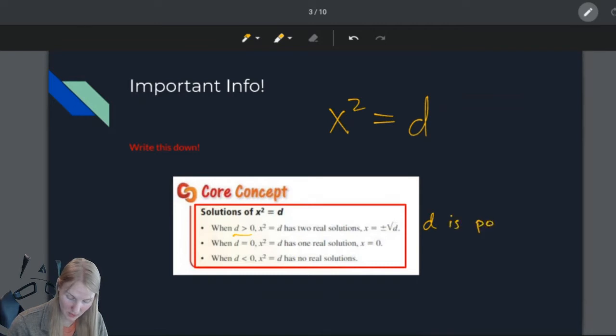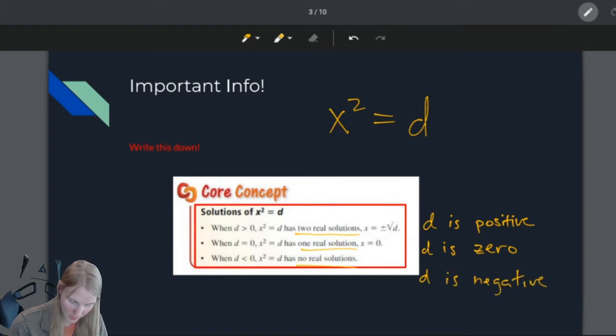If d is positive, then 2 real solutions. If d is 0, then we have 1 real solution. And if d is negative, we have no real solutions.